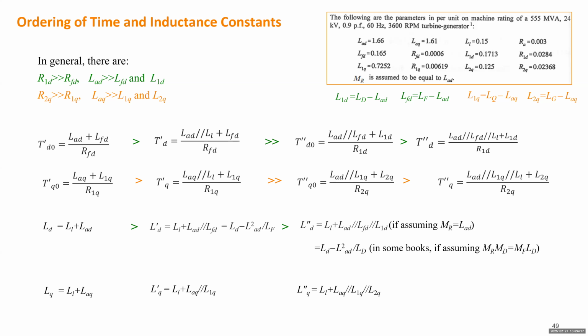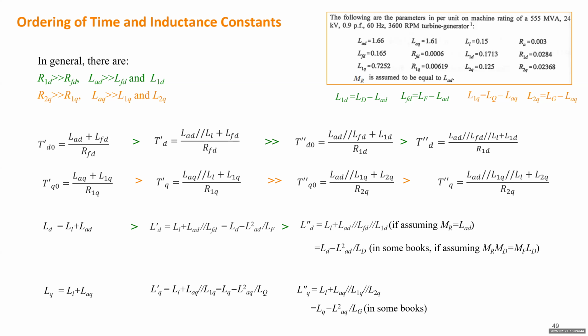That's still pretty good, or at least at the same level of accuracy compared to the assumption MR equal LAD. But if you make this assumption, that largely simplifies those two equations to only have one fraction here. And that makes every inductance, no matter in D or Q axis, have exactly the same structure.